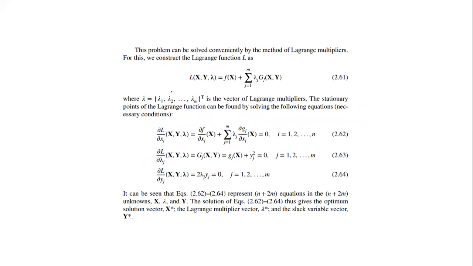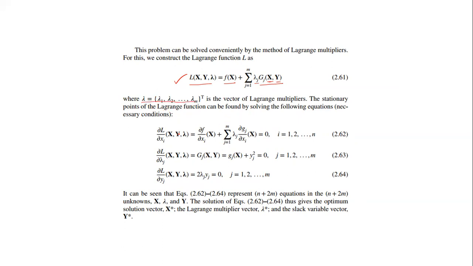The first thing is to find the Lagrange function. We write it in terms of f(x) and in terms of capital G_j, which is a function of x as before, with the addition of y. Lambda is the Lagrange multipliers vector.